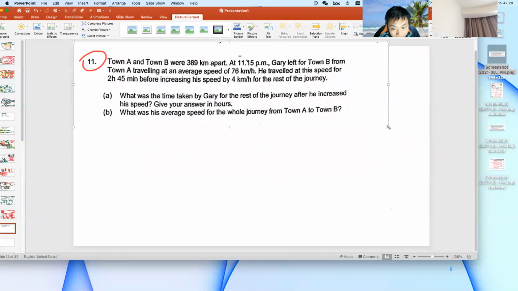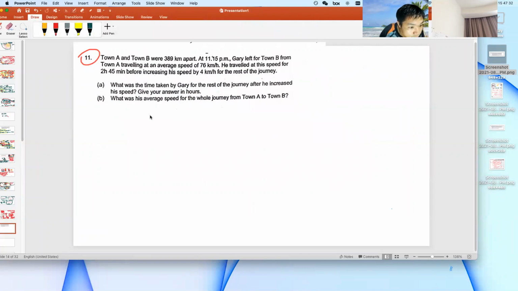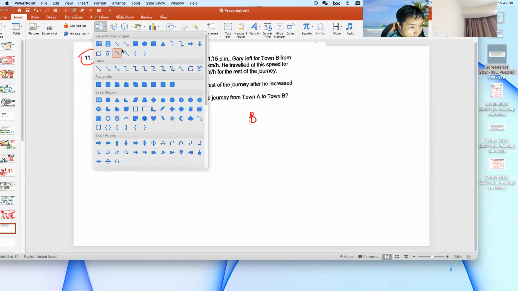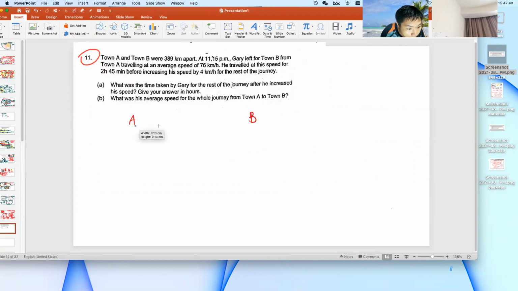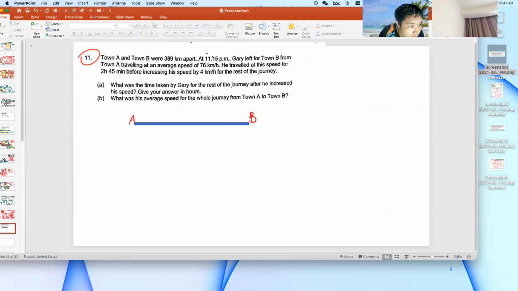Okay, so what it says is you have town A and B. And this is 389.